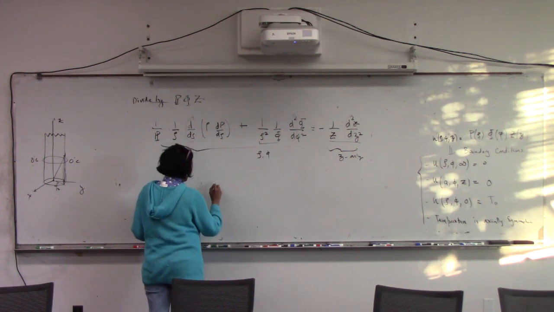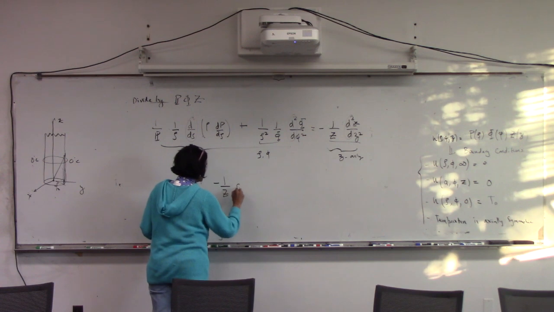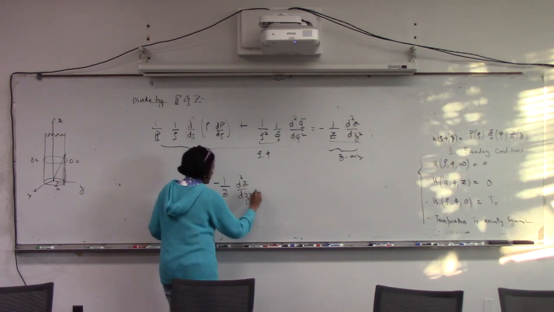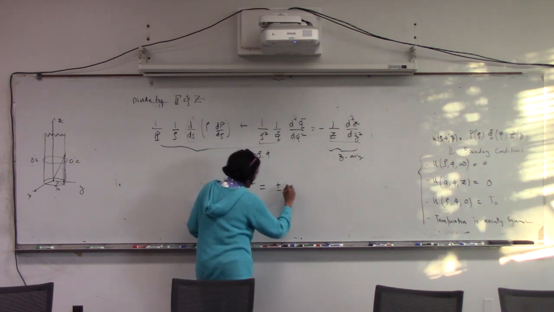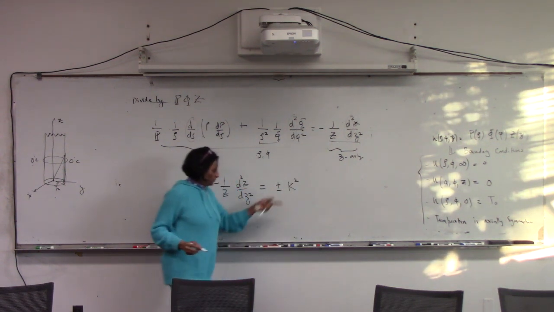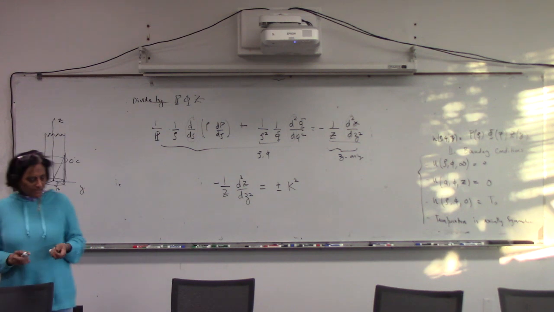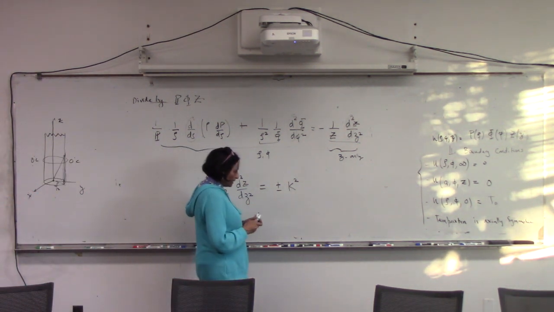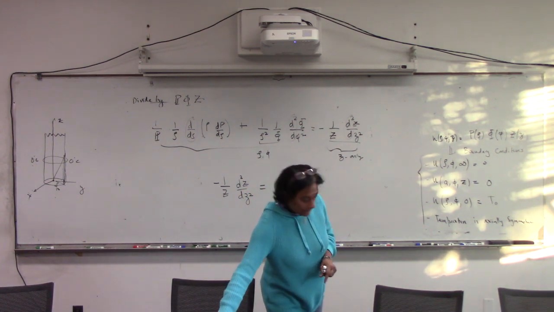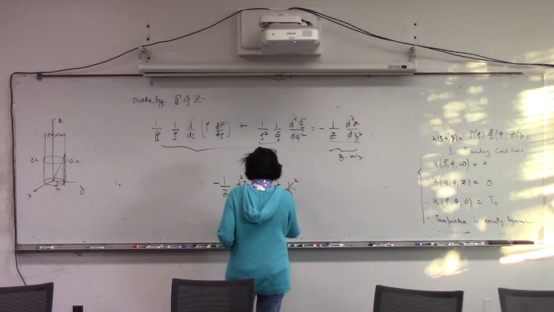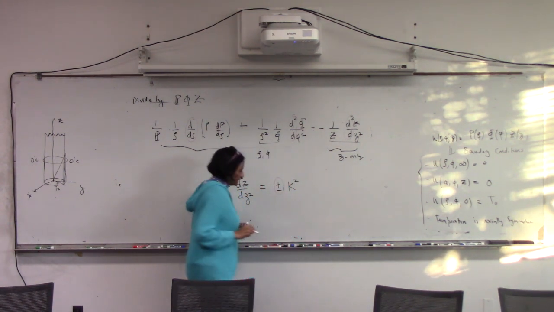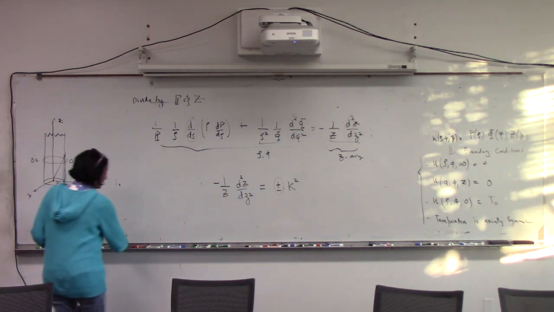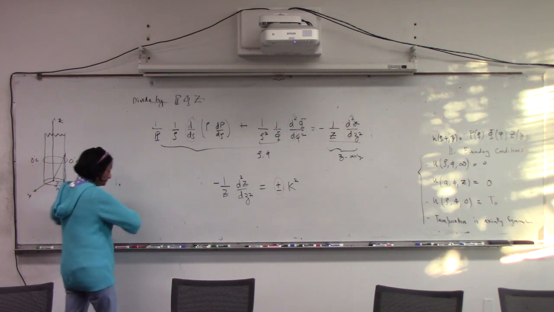So I'm going to say, okay, this is some constant, a separation constant. When we did this initially, we just put plus or minus, we were just guessing without any reason. Now we have a very specific problem, and I can decide whether I should choose a positive or a negative separation constant.